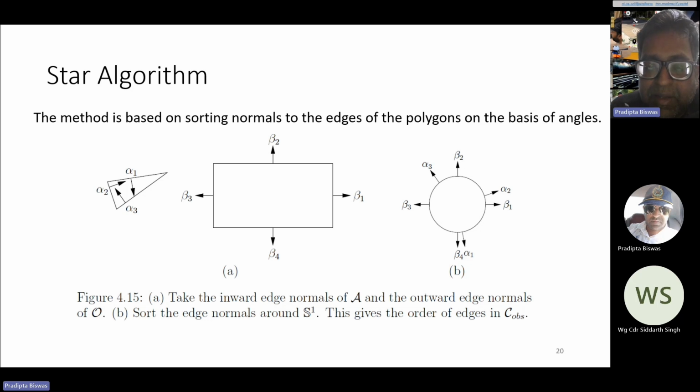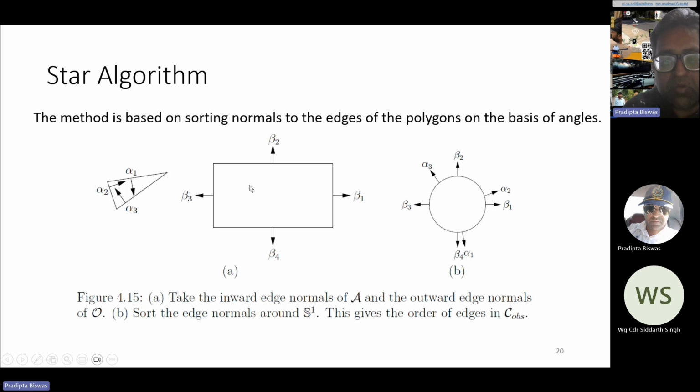Similarly, we will take a very simple rectangular obstacle, and these are the outward normals from the obstacle, and these are the inward normals. Normal means this is a right angle. I think you could understand that. And then with respect to, say, this horizontal axis, I will order them in counterclockwise direction. So alpha 1 here, then beta 4, and so on.